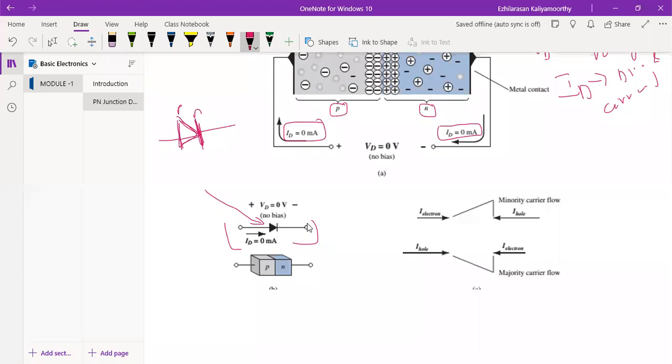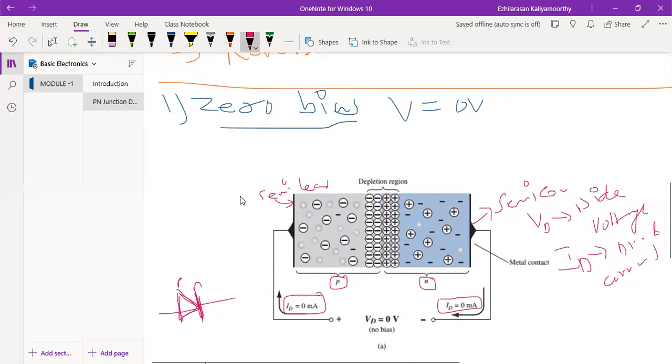Okay. So first, as I said, the zero bias: V is equal to 0 volt. At the instant the two materials, the P material and the N material, are joined, the electrons and the holes in the region of the junction will combine, resulting in a lack of free carriers in the region.